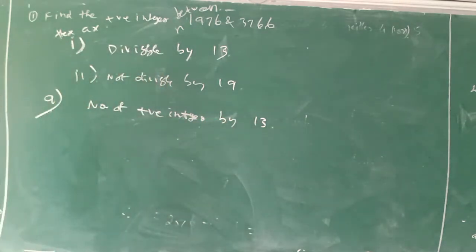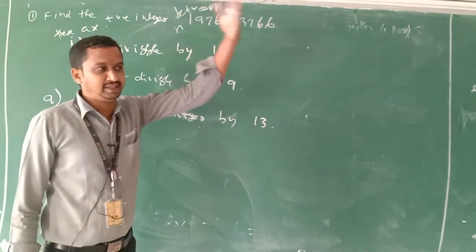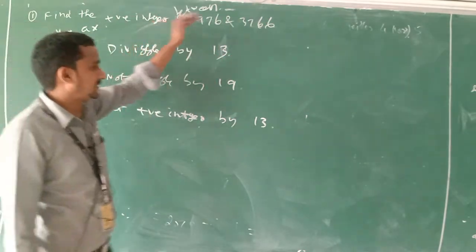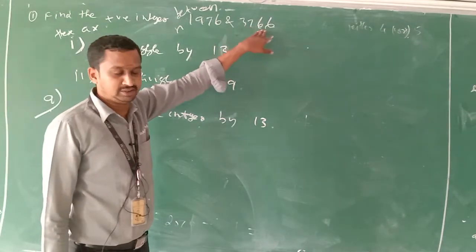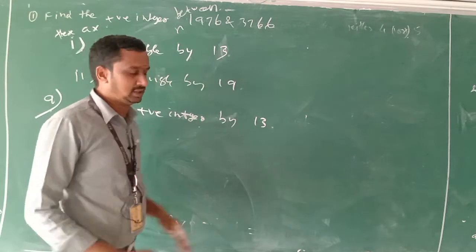Between these two ranges, generally in mathematics, we subtract the smaller value from the higher value. The same concept here. The higher value is 3766, the lower value is 1976, and we subtract.